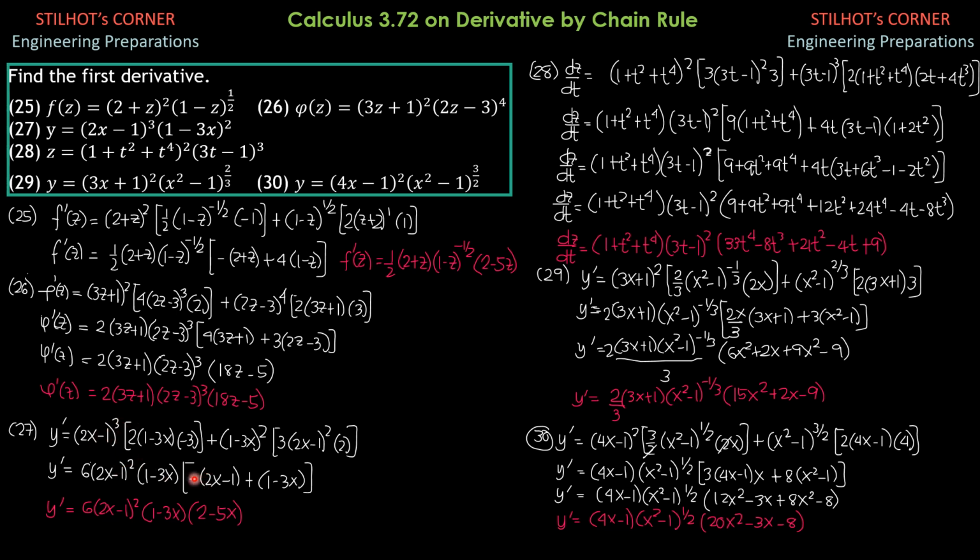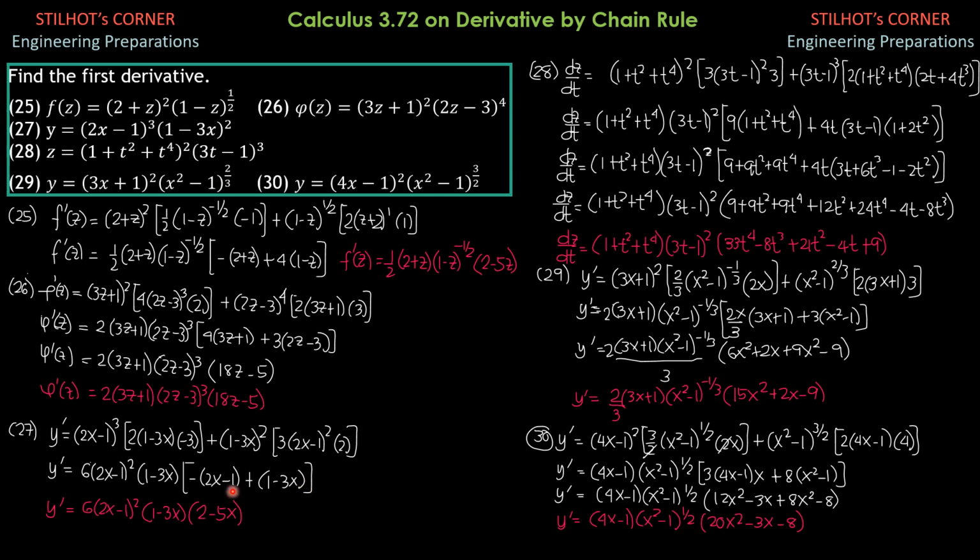So there is still 2x minus 1 raised to 1. Then the second term divided by the common factors, we have, of course, 1 minus 3x raised to 1. So plus quantity 1 minus 3x.